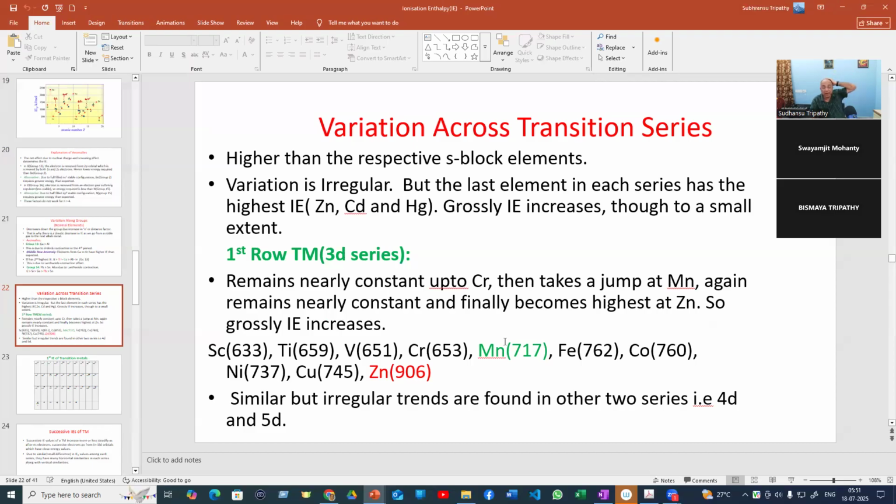But when you come to manganese, you have an increased number of protons, now 25, but you have some repulsion effect. So there is a pairing of electrons in 4s. To overcome that, you will need much greater energy.